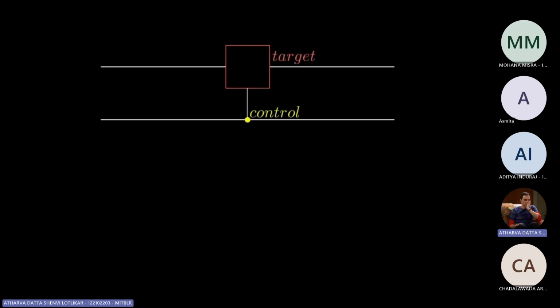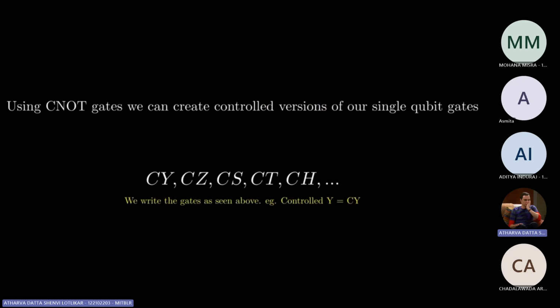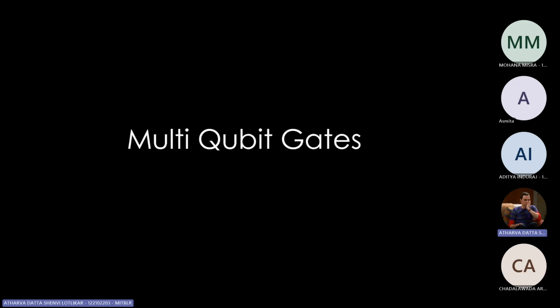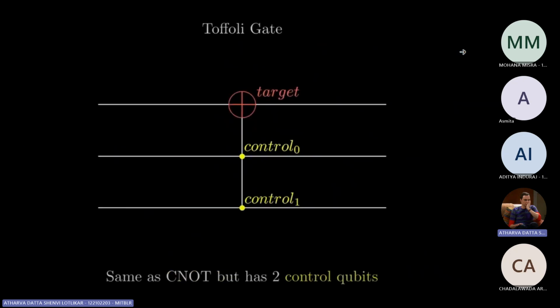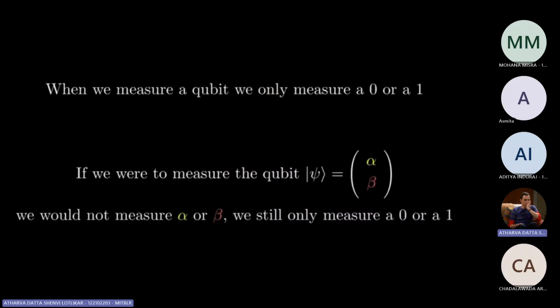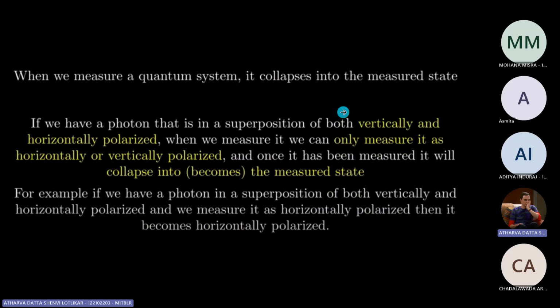Now coming to a few good points when it comes to measurement, the last part of the quantum circuits here. I think this was already mentioned, but since it's a very important point: when you measure a quantum system, it collapses into the measured state. So it no longer is superimposed.